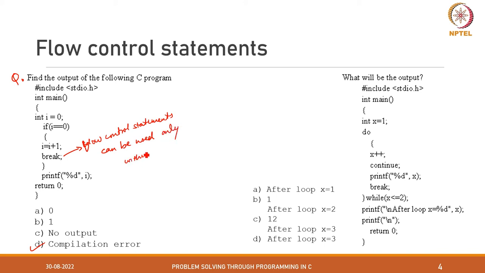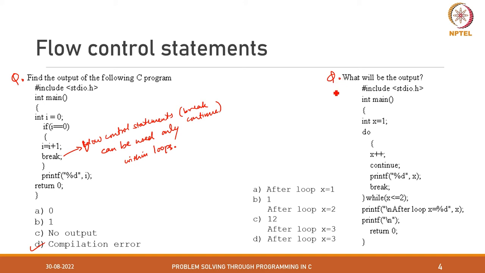And loops means for loop, while loop, do while loop, and so on. So the flow control statements, that is break and continue, can be used only within loops, not within if conditions or branching statements, like you said. So in this particular case, it will give a compilation error because we are not supposed to use break inside an if condition.